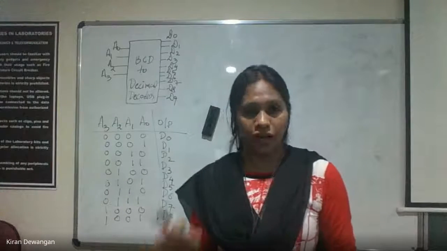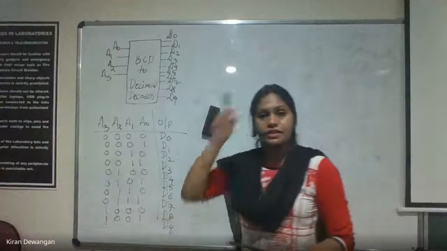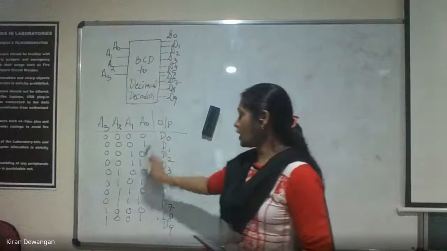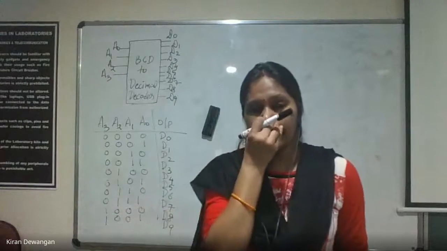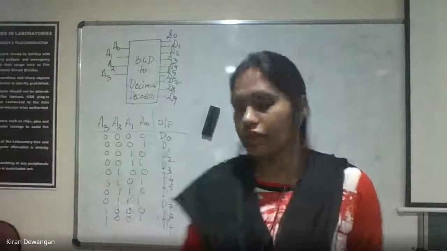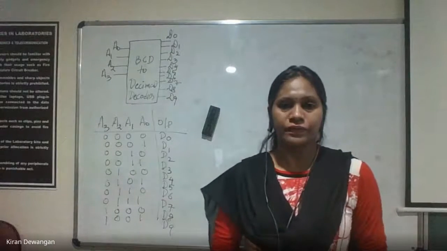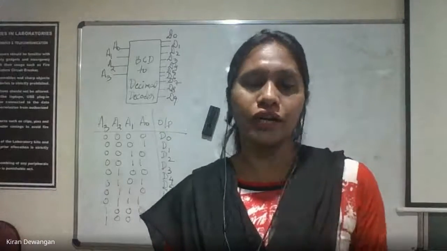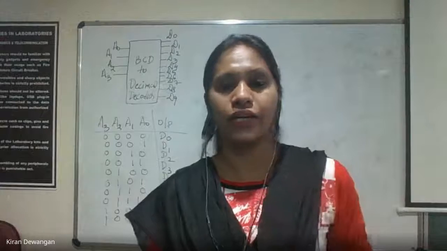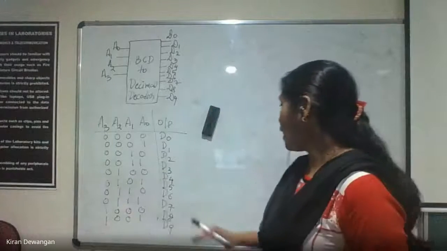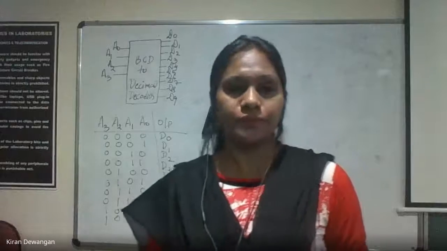Definitely we don't allow those codes in BCD. BCD accepts only these 10 combinations which are the legal combinations. Clear? That's correct. If we are giving an illegal code, none of the outputs will go high. We will not get any output at all. That is what a BCD to decimal decoder is. ये आप design करोगे BCD to decimal decoder.